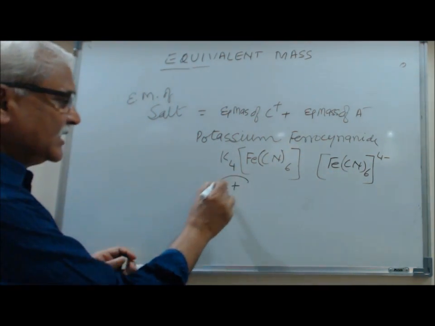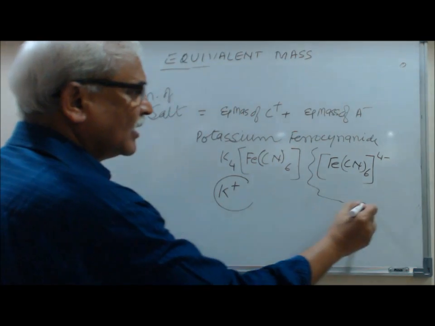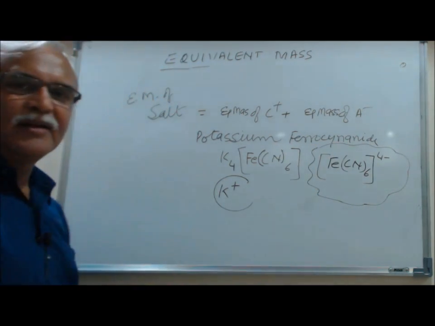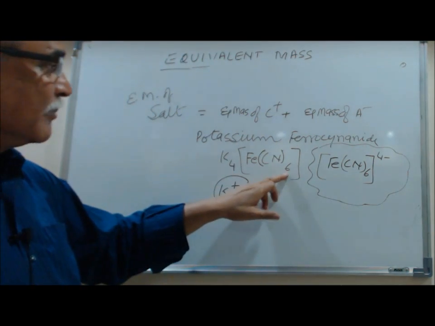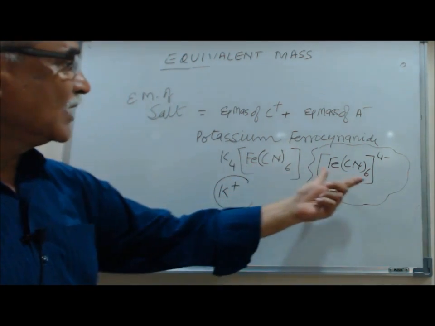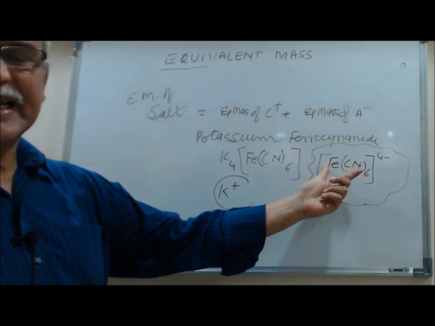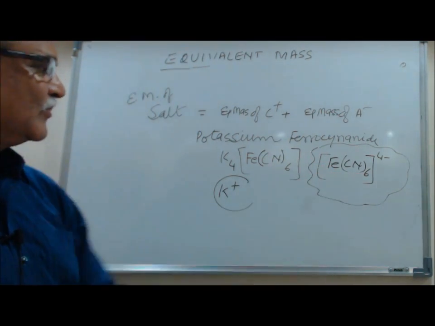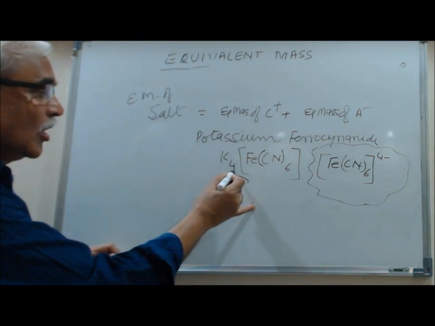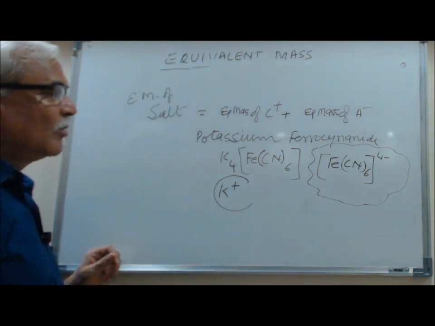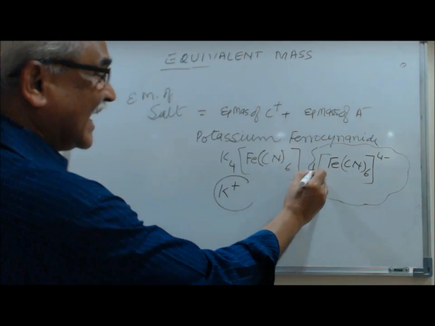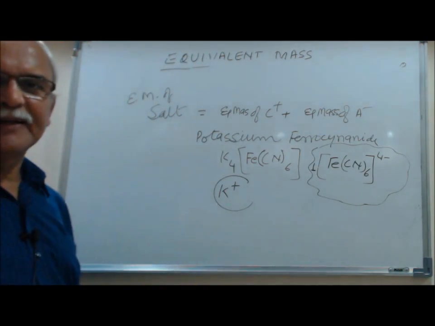So potassium plus is the cation and ferrocyanide is the anion. This 4 doesn't play a role. Here 6 was not the number of ions. This was a part of the formula of the anion. There are 4 cations, so I am not concerned with how many cations there are. But there is only one anion, namely ferrocyanide.